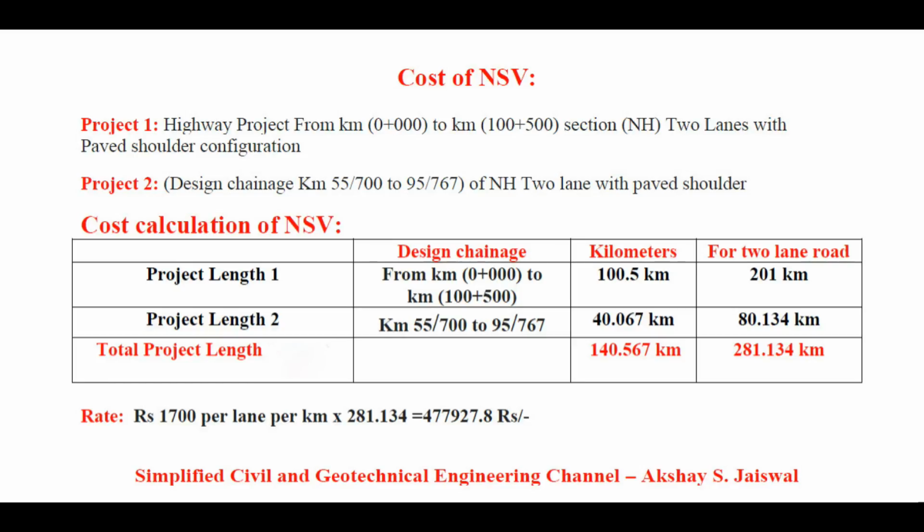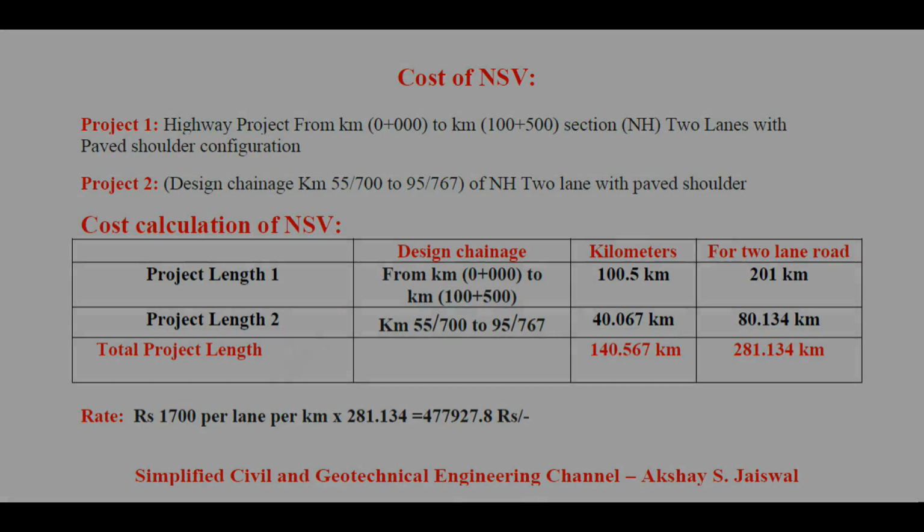The current rate of network survey vehicle is 1700 rupees per lane per kilometer. We will multiply this rate with total length of project. Then we will get the final cost of NSV, that is 1700 per lane per kilometer into 281.134 kilometer. We will get 4,77,927 rupees. This will be the cost of NSV.